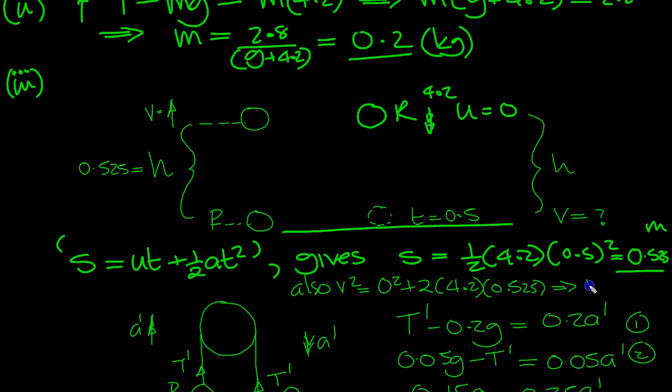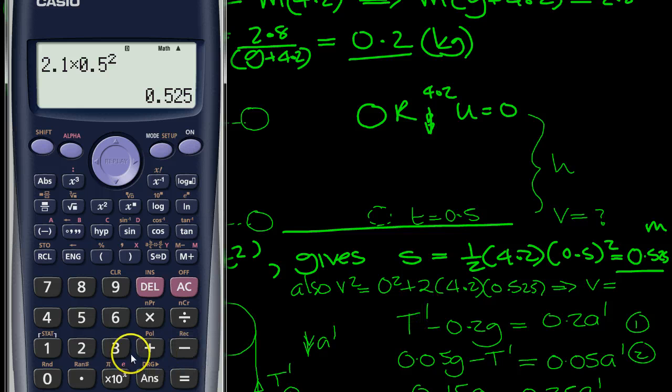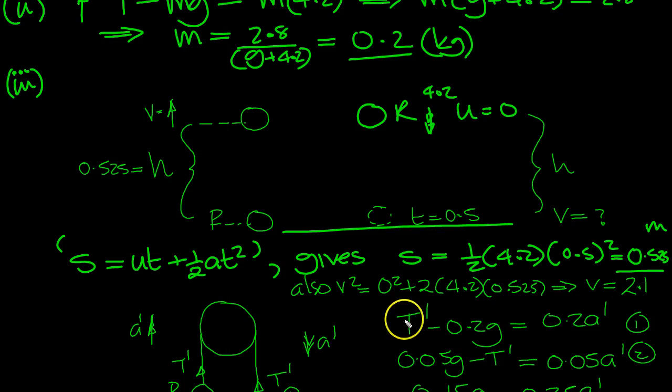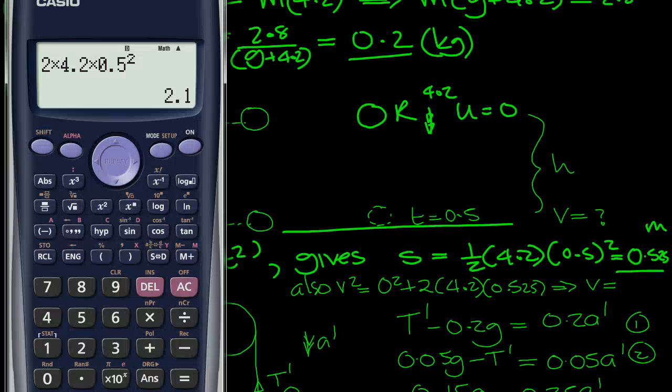And that will tell us what v is when we square root the answer. So I'm going to do that in one fell swoop. 2 times 4.2 times 0.5 squared times 0.5 squared equals 2.1. Oh, I've got to square root that though. So that was that number there. And then we square root it.